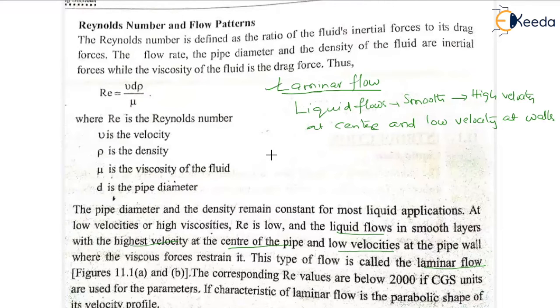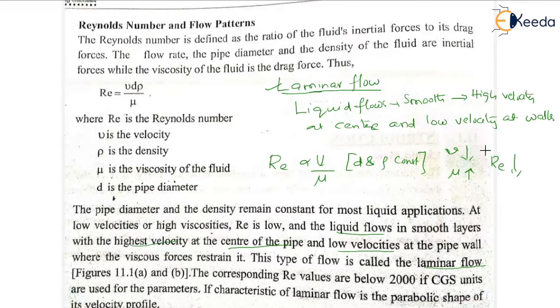Why does this happen? You can see Re is proportional to V by mu with D and rho as constant for most liquid applications. As V reduces and mu increases, Re reduces.